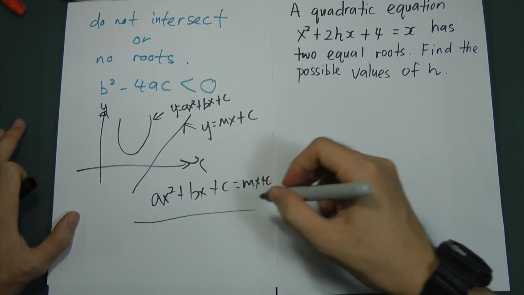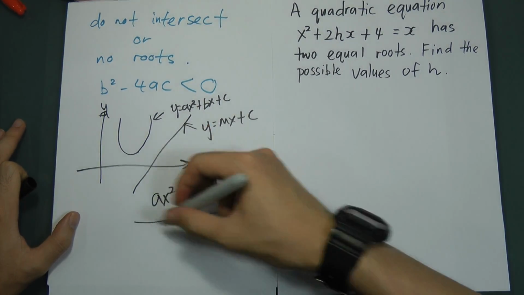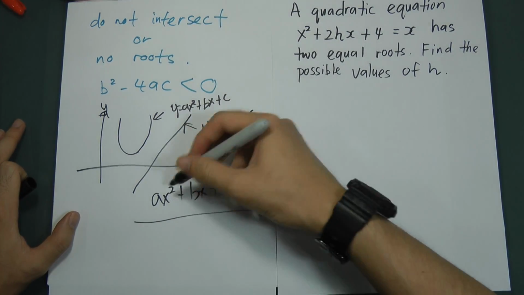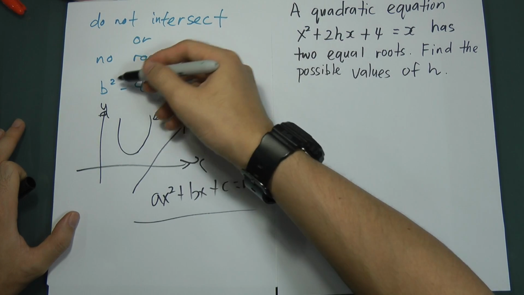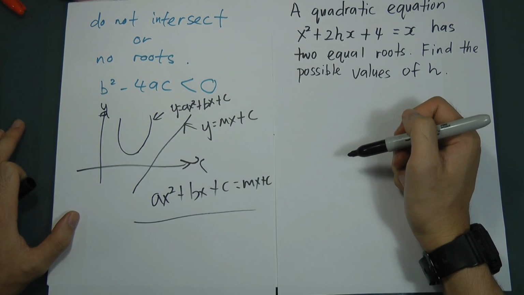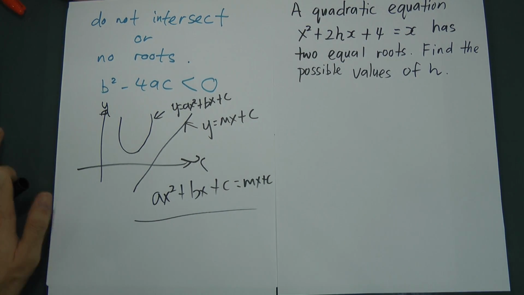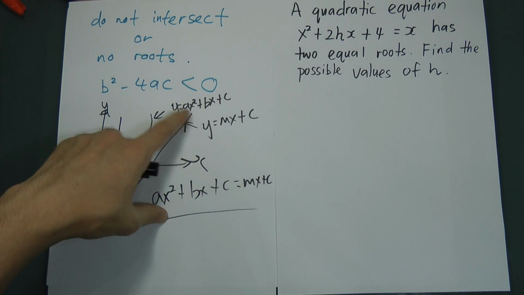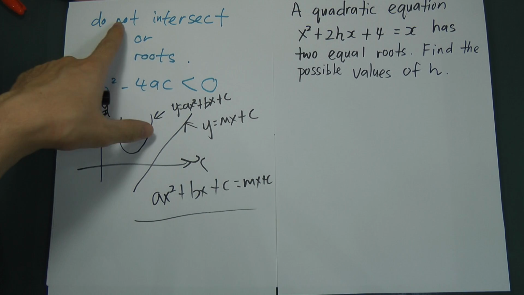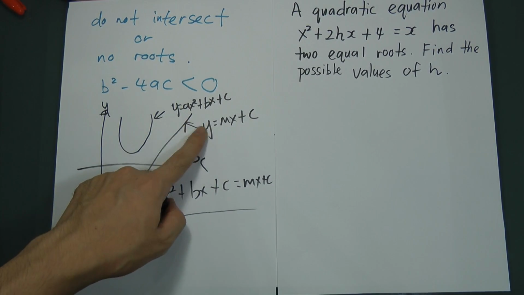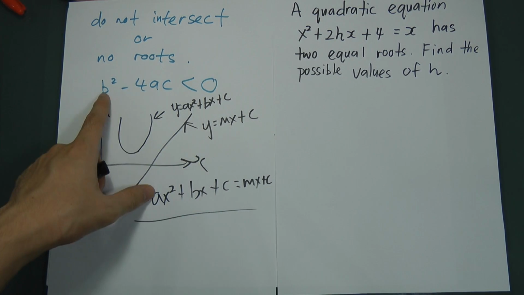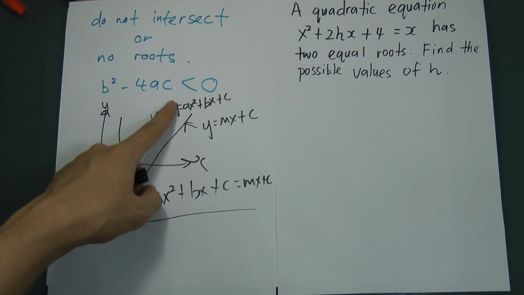After that you put all the x terms together, numbers together, and then only you apply b squared minus 4ac more than 0. I will explain this later in the question. Even if they do not intersect, you still need to put both equations together in order to use b squared minus 4ac.